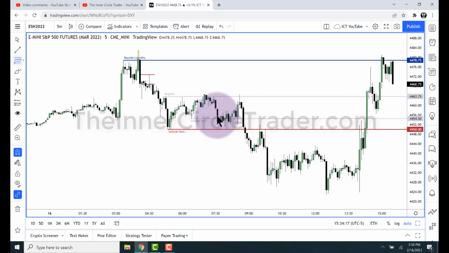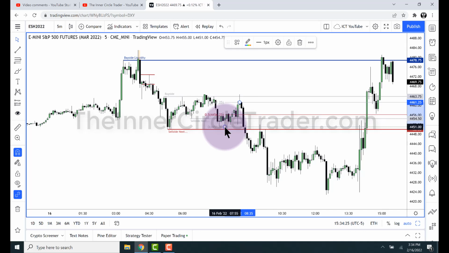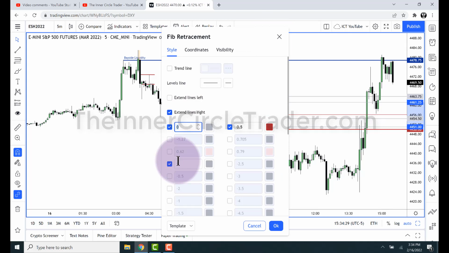All right, so the price swing here, what I was explaining was I took a fib, drug it down to the low here, and then added our standard deviations.